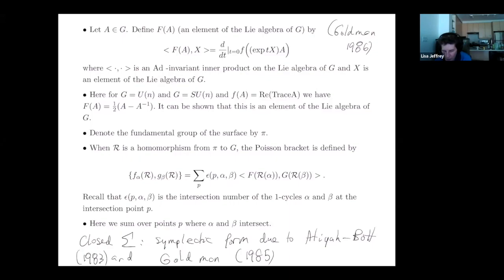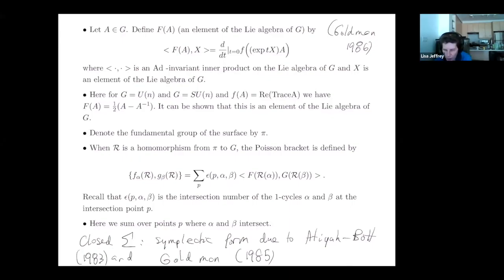And as far as I know, the only non-uniqueness would be multiplying it by an integer, because its de Rham cohomology class is a first Chern class.